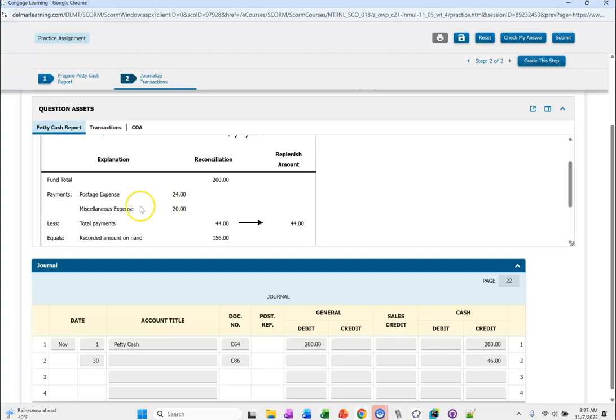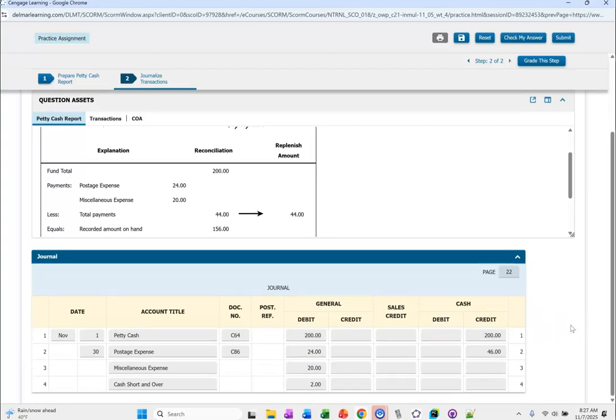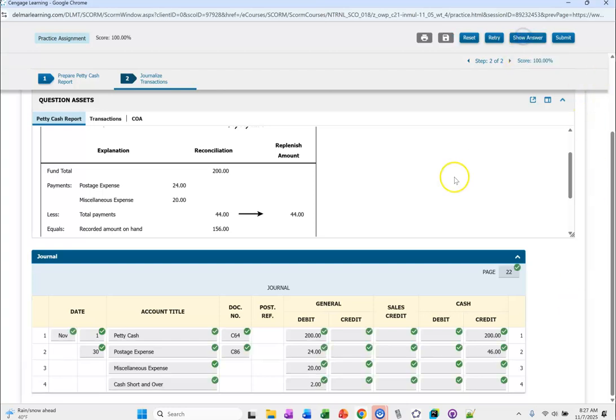And that $46 is going into a postage expense for $24, a miscellaneous expense for $20, and then a cash short or over for $2. Is everybody okay with what I did there? I guess we should check that. Oh, good. You guys feel good about how we did everything?